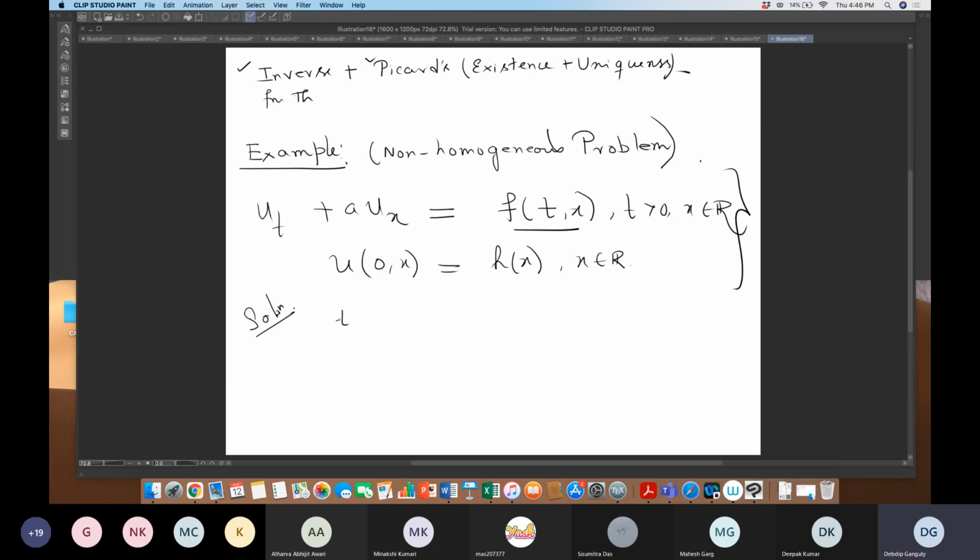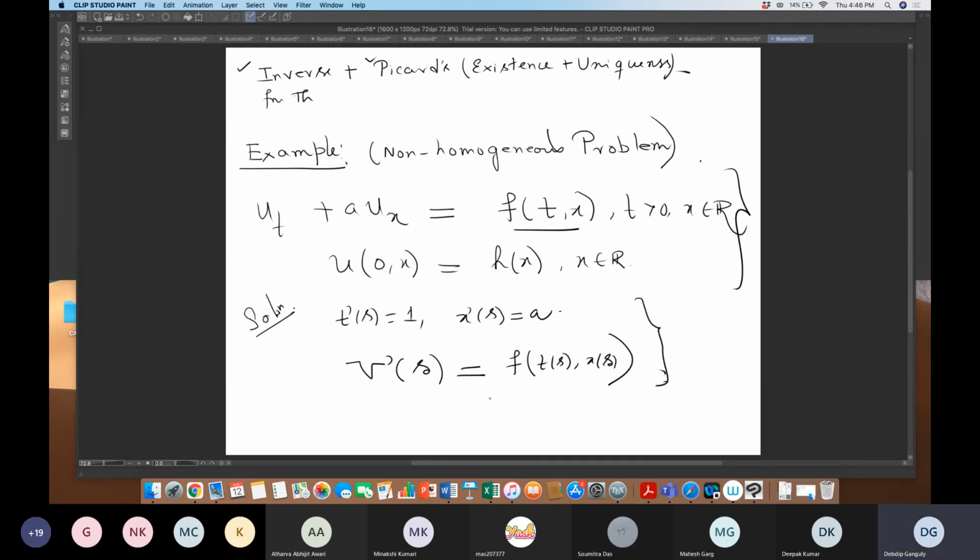One thing again: t prime of s equal to 1, x prime of s equal to a, and another is v prime of s equal to f of (t(s), x(s)). You should be precise. So this is a system of 3 equations.